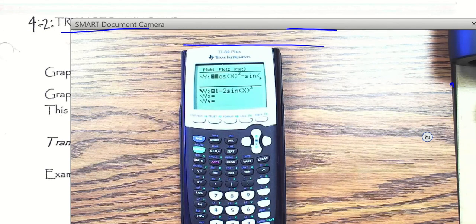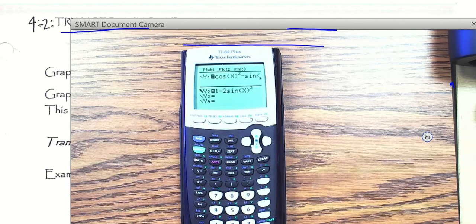Notice that I've closed the parentheses on my x, and then I have squared it. If I had squared the x before I closed the parentheses, I would be squaring my input before it goes inside of the cosine. But squaring after I close my parentheses on the input squares the entire function, the cosine.